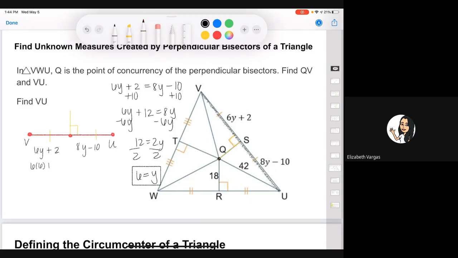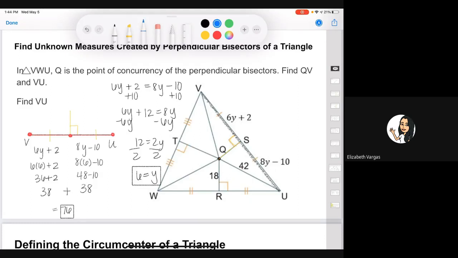So 6 times 6 plus 2, that's 36 plus 2, which is 38. And 8 times 6 minus 10, 48 minus 10, 38. Remember, I want to add those together to find that entire distance. That is equal to 76.